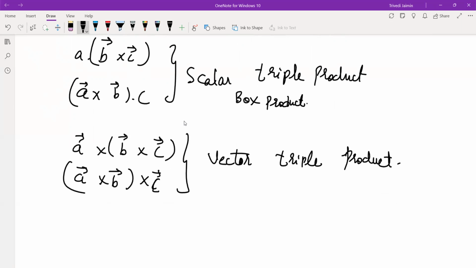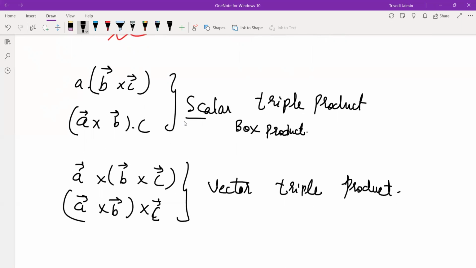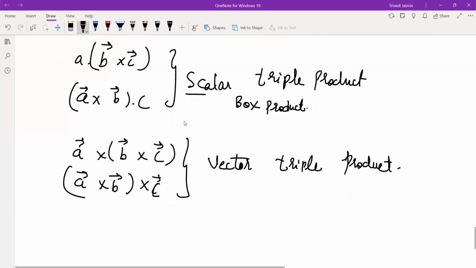So why do they name these scalar and vector triple products? Because the product of this one gives you a scalar quantity, and the product of this one gives you a vector quantity.